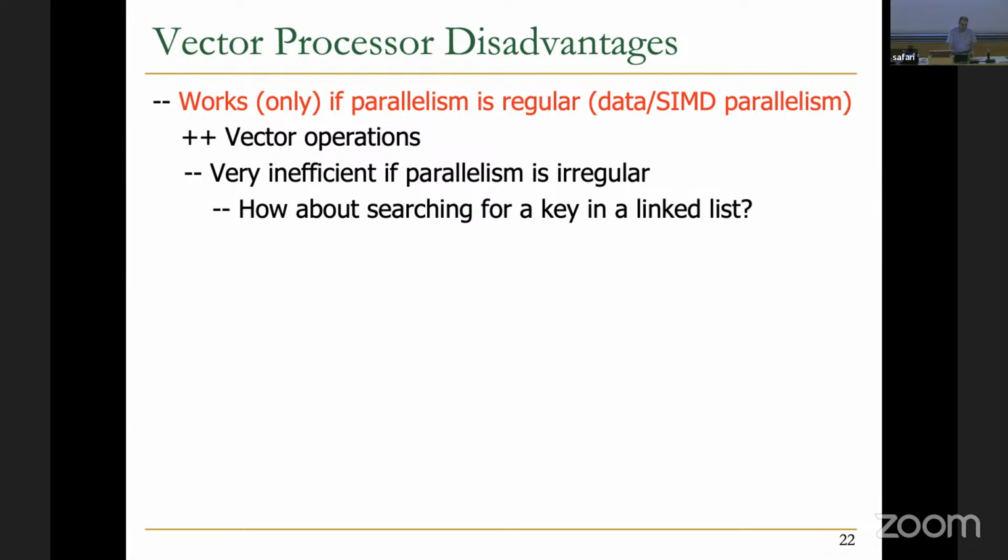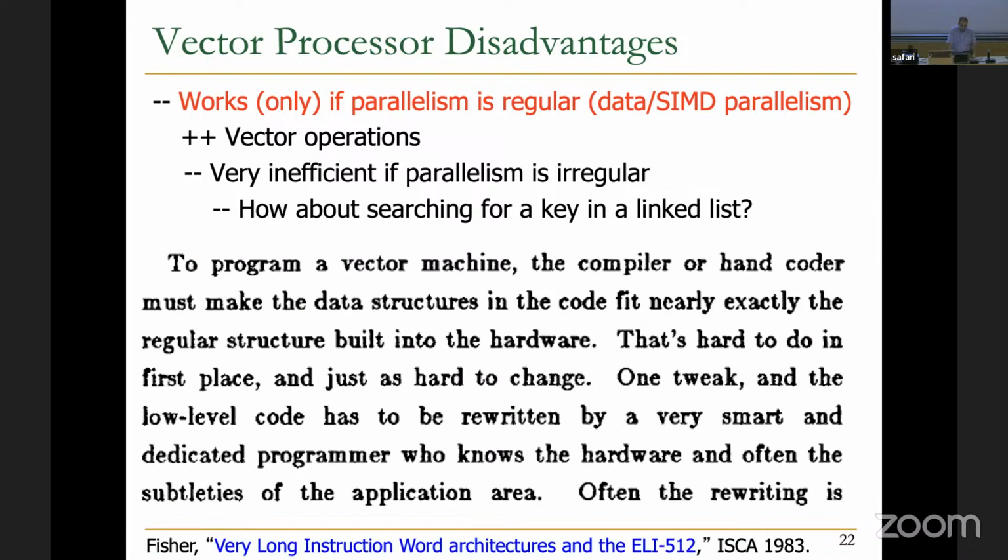And that's why the paper from Fisher about VLIW mentioned this: to program a vector machine, the compiler or hand coder must make the data structures in the code fit nearly exactly the regular structure built into the hardware. So that's a limitation that we have. Fisher tried to overcome this limitation by proposing VLIW.